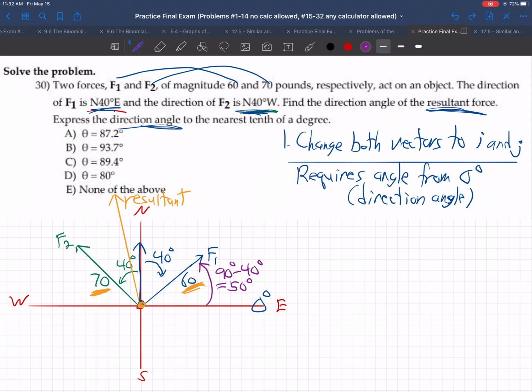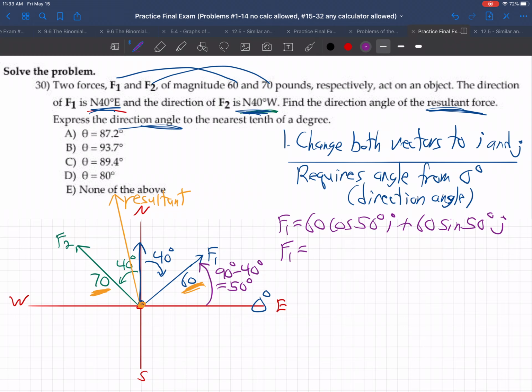So that's his direction angle. So force 1 equals 60 cosine of 50 degrees i plus 60 sine of 50 degrees j.